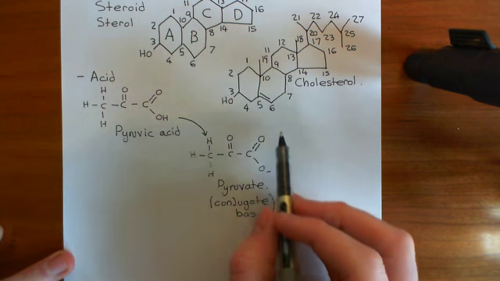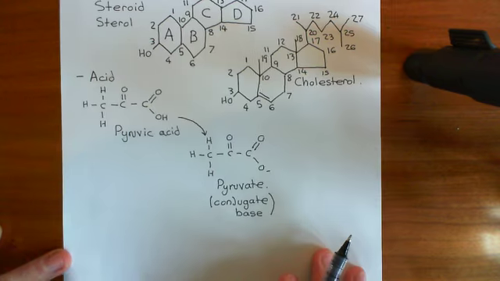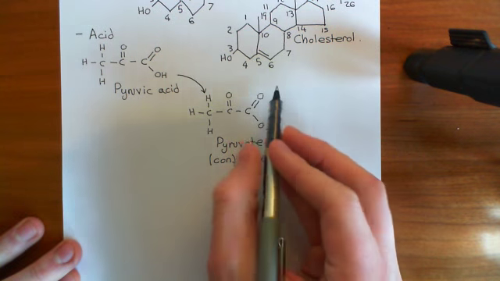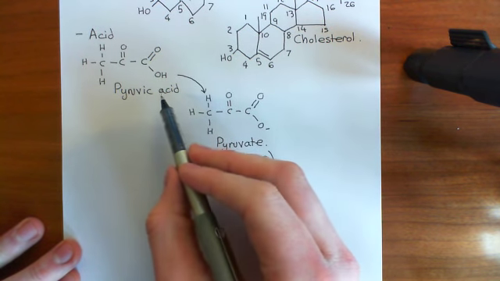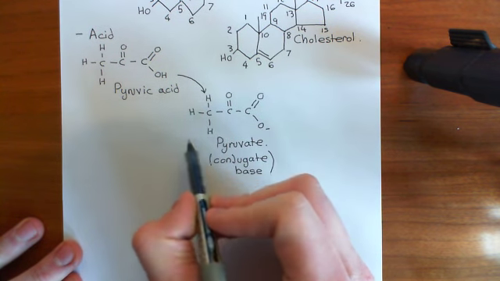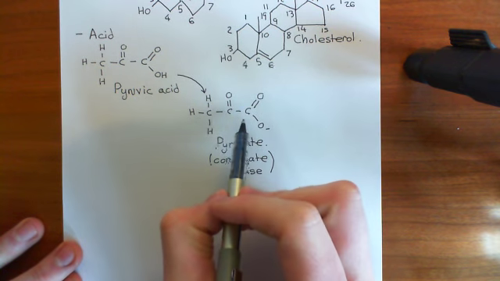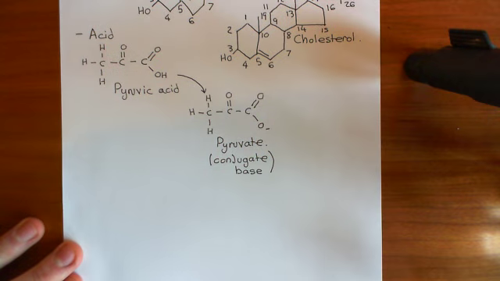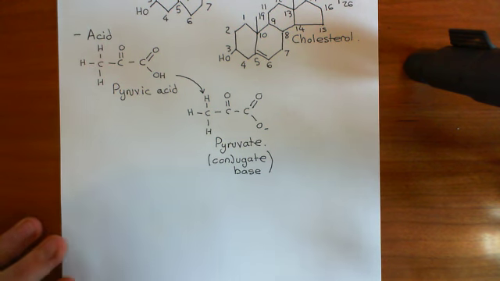So we're often going to be working with the conjugate bases when we look at these biosynthetic pathways, which is why people generally talk about pyruvate rather than pyruvic acid, because most of the molecules in the cytoplasm will exist as pyruvate rather than pyruvic acid, because they'll have donated away their protons at physiological pH of around 7.5. So that's the difference between an acid and its conjugate base, and that's an important concept for working with the biosynthetic pathways.